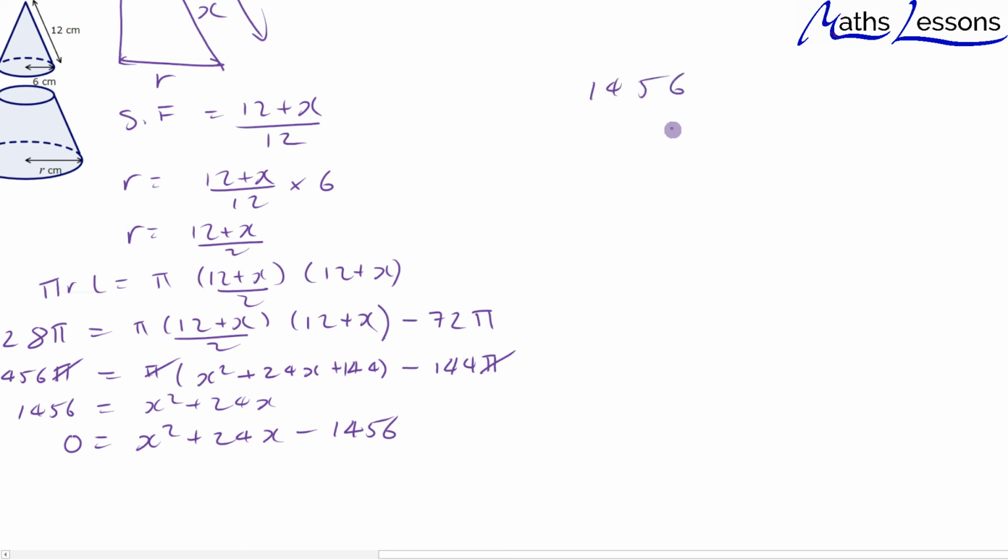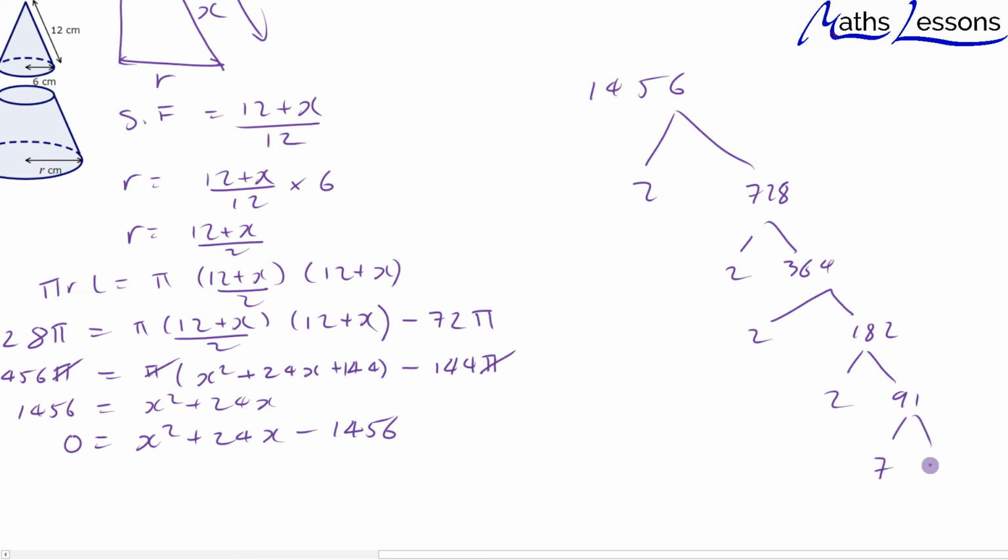Now, 1456, and if it's a non-calculator question, you want to factorize this, then you need to prime factorize. That is probably going to be the way you go about doing this. So I'm just trying to think. Okay, here we go. We've got 2, and we've got 728. We go 2, and we've got 364, 2, and we've got 182. 2 to 91, then that's 7 and 13.